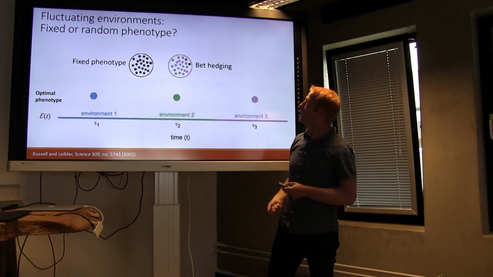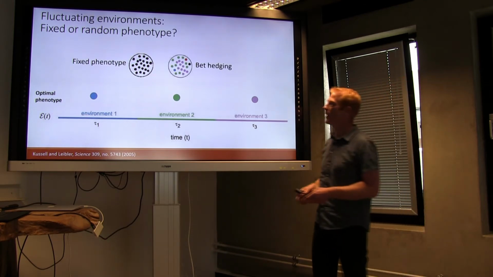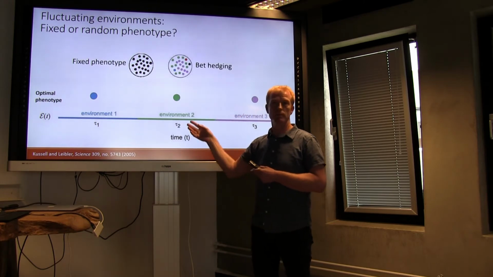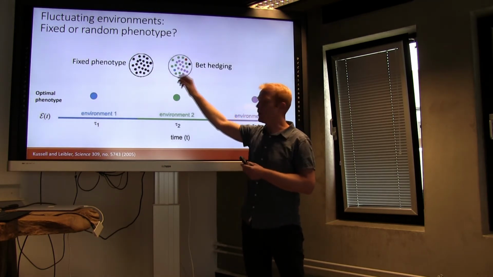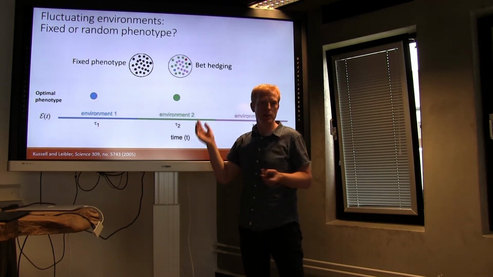Or is it better to do a bet hedging strategy, so to hedge your bets and to say, well, I randomly switch between those phenotypes so that in the population there will always be types that are okay in every environment, but typically are not in the right phenotype.